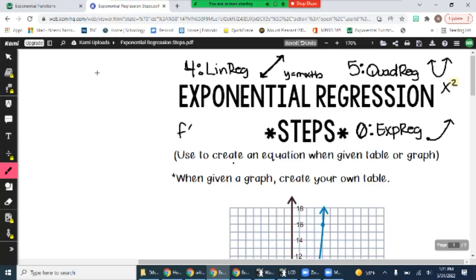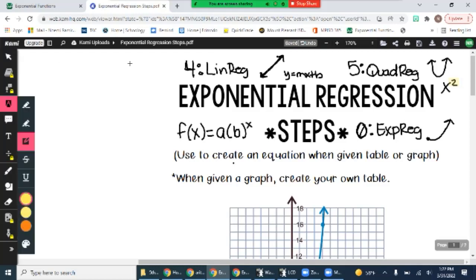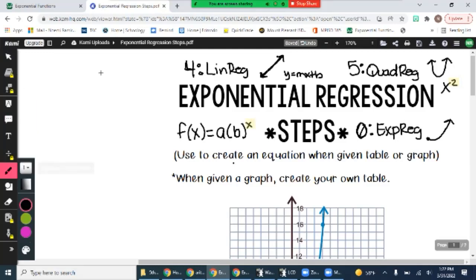Or let's go ahead and write the formula. If your answer choices are in the form of an equation, the unique thing about exponential equations is that your x value is your exponent. The x is the exponent.